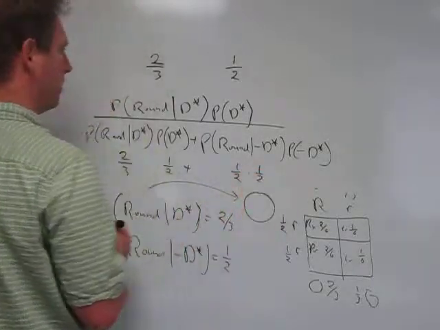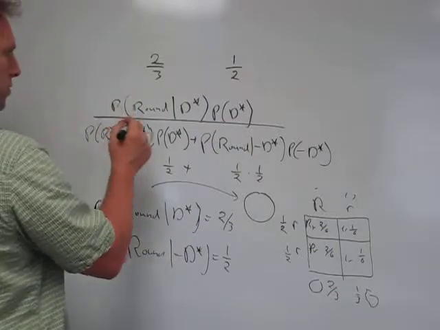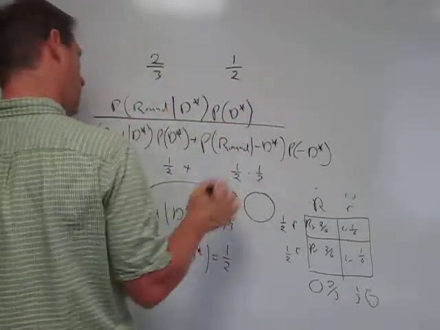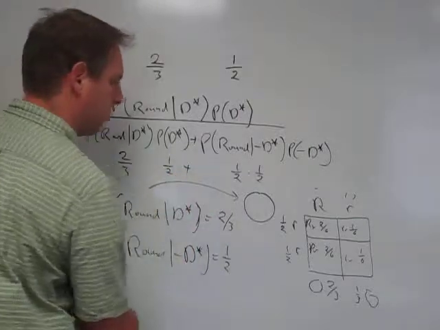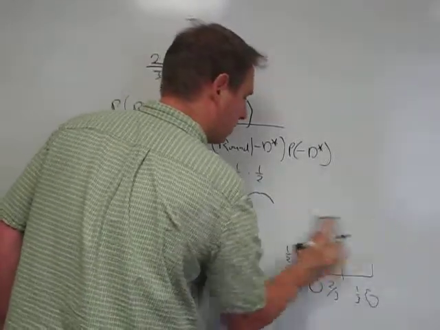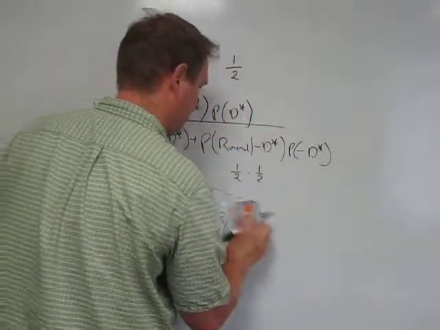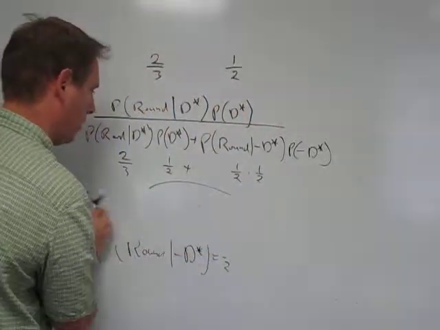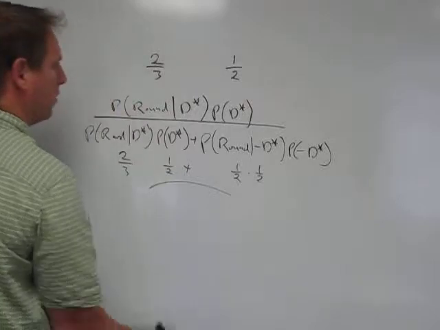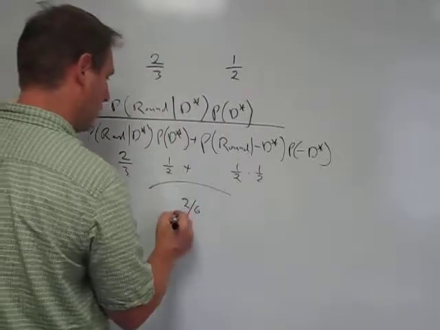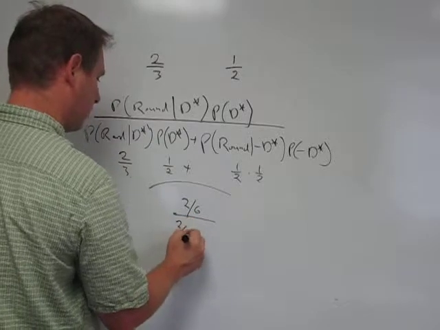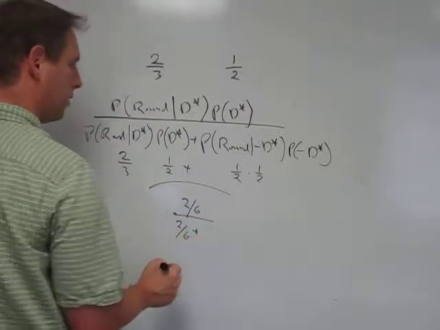So you can simplify this. This would be 2/6 over 2/6 plus 1/4. So just erase some of this to give you some space. This is all equal to 2/6 right up there over 2/6 plus 1/4.